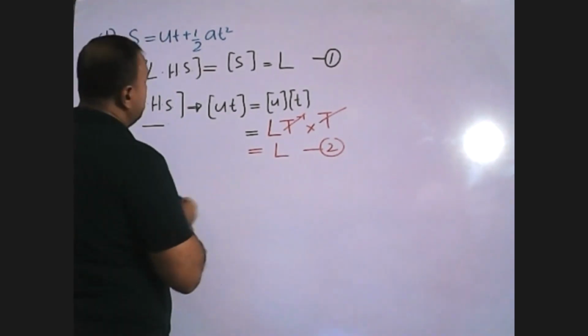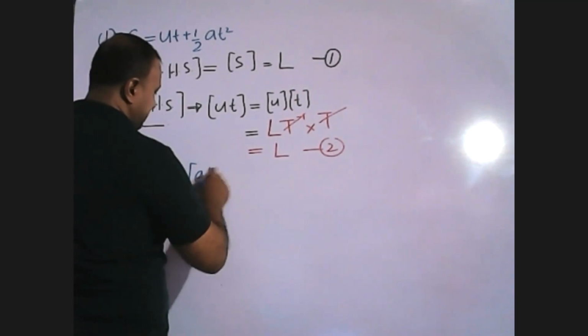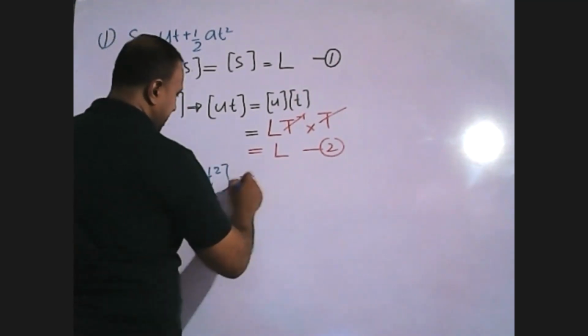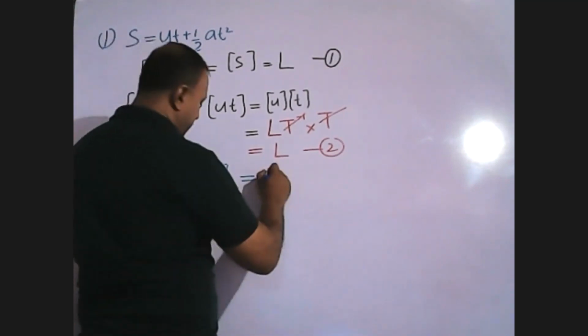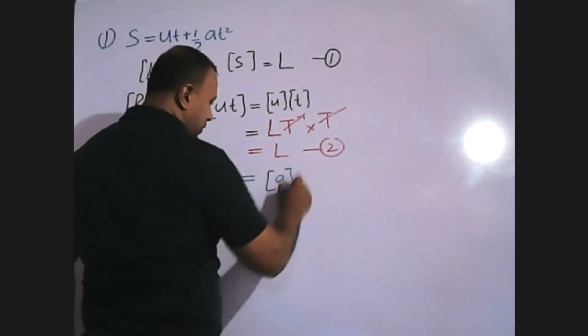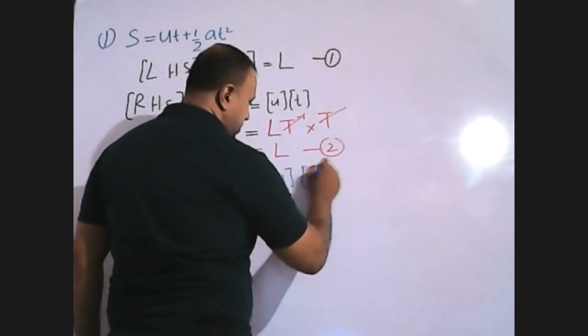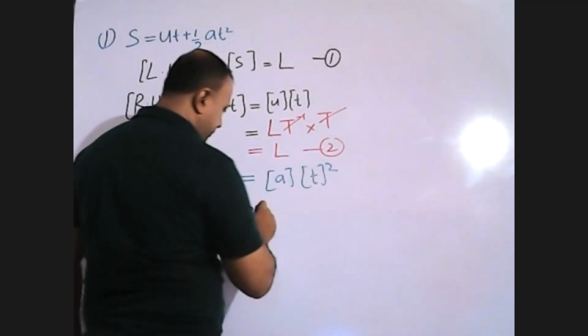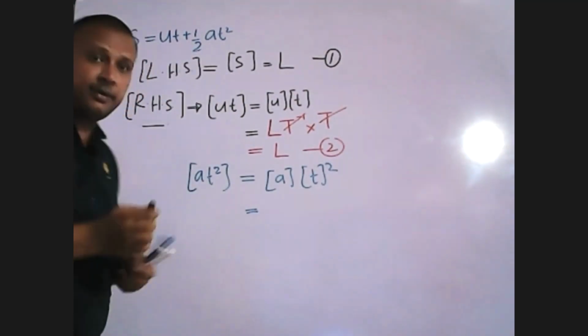The second term on the RHS side is AT square. So the dimension of AT squared is equal to the dimension of A and the dimension of T squared. A means it is acceleration.